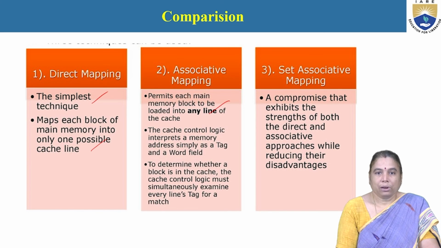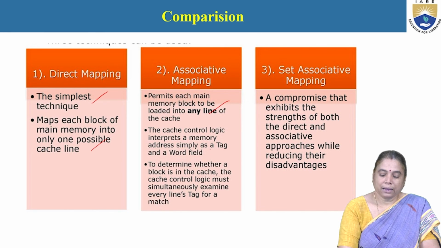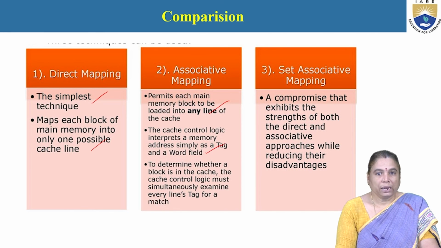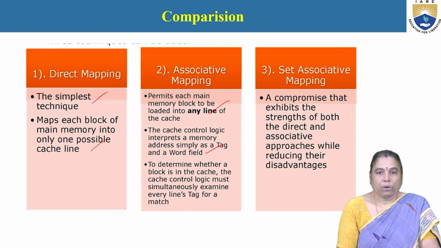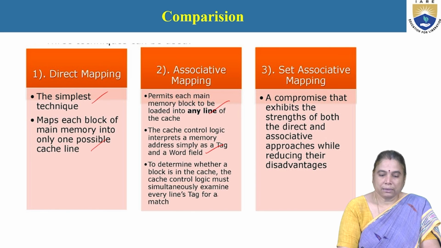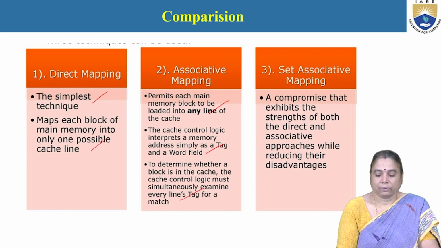The cache control logic interprets a memory address simply as a tag and a word field. So only two fields are required for the physical address in this type of cache mapping technique. To determine whether a block is in the cache, the cache control logic must simultaneously examine every line's tag for a match.